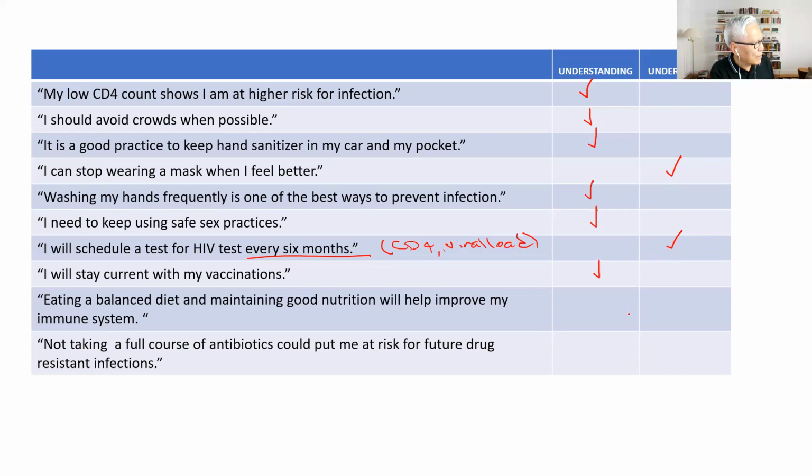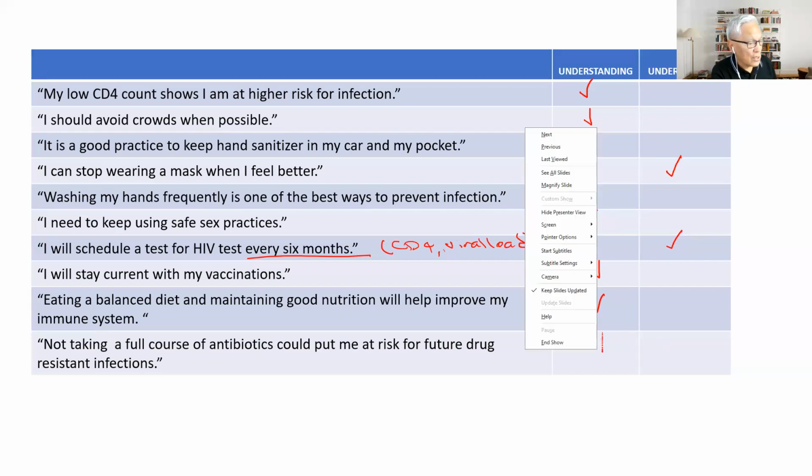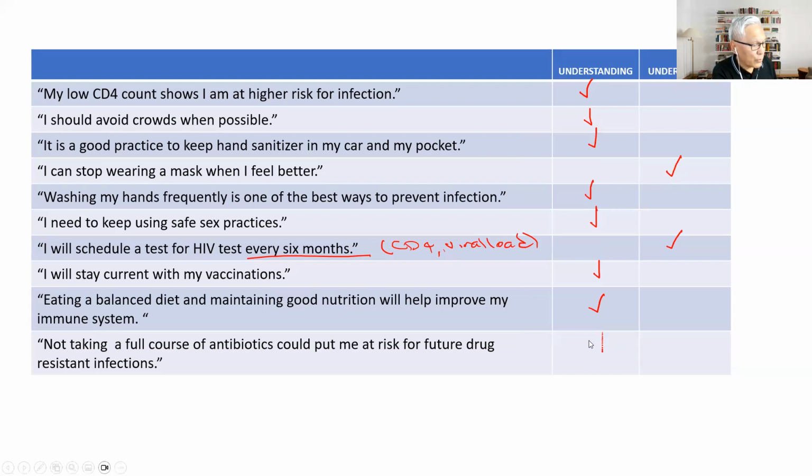That's good. Eating a balanced diet and maintaining good nutrition will help improve my immune system. That's good. Not taking a full course of antibiotics could put me at risk for future drug-resistant infections. That's exactly what causes drug resistance, so that is going to be a correct response.